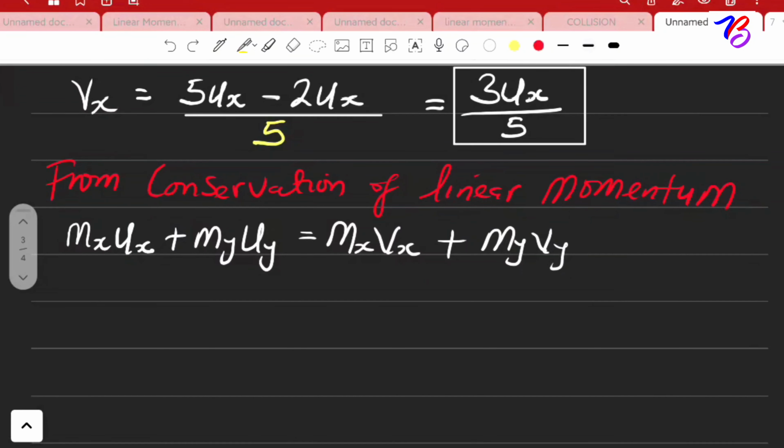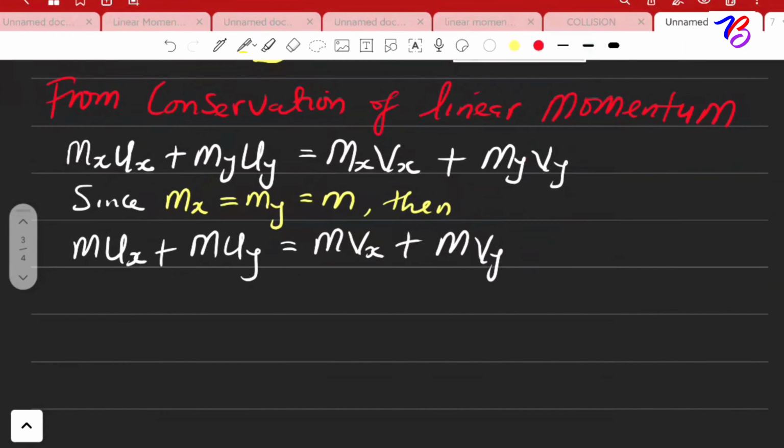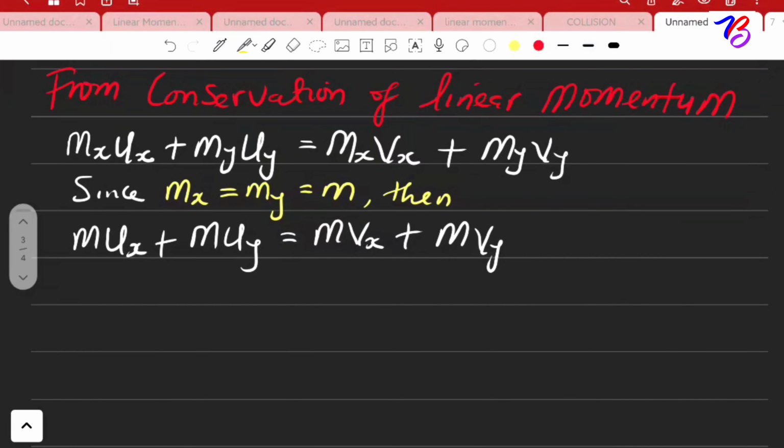Since mx is equal to my and is equal to m, substituting we have m ux plus m uy is equal to m vx plus m vy.